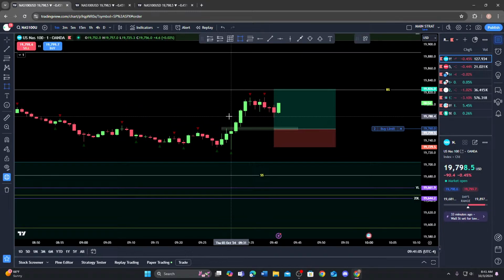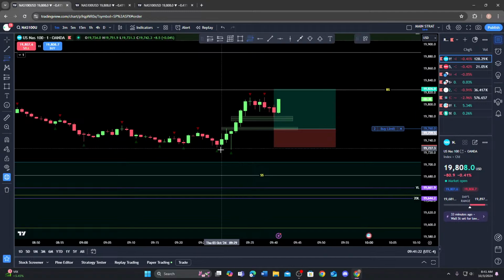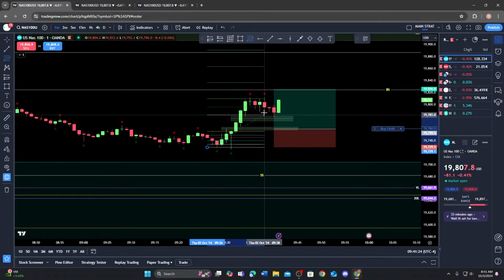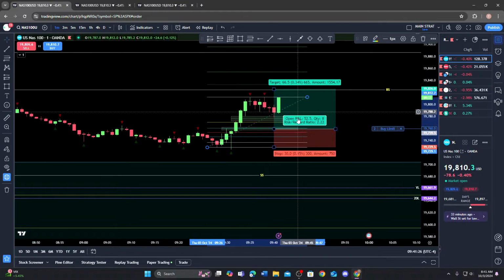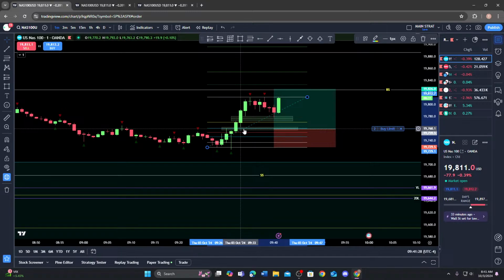Alright, we just went into this. The only reason why I wouldn't use this one is just because, for me personally, looking for a discount first, which would be this one. This one's at the 62% retracement level.